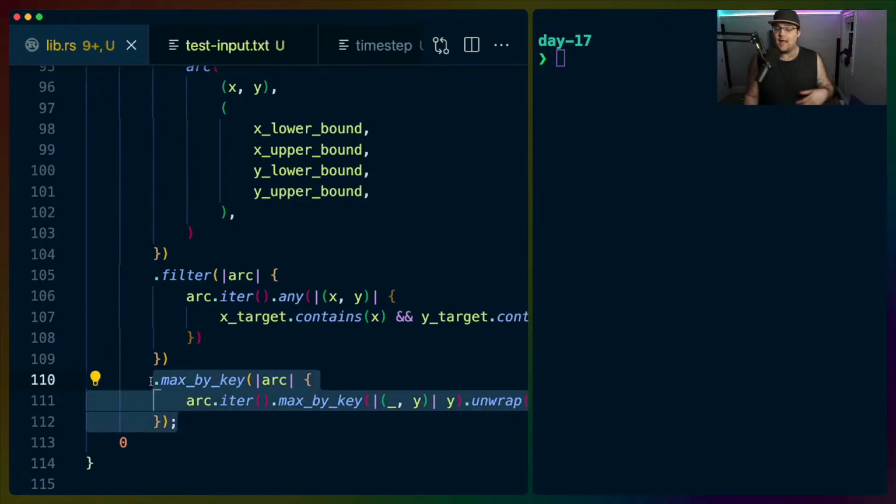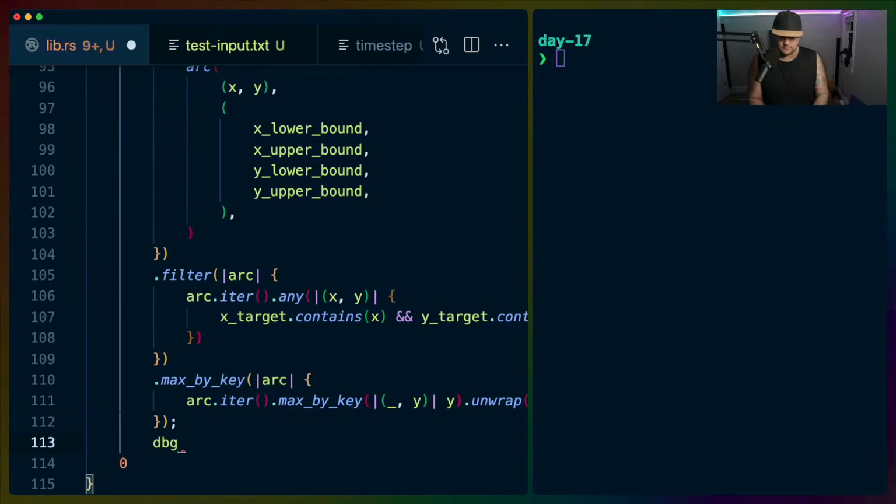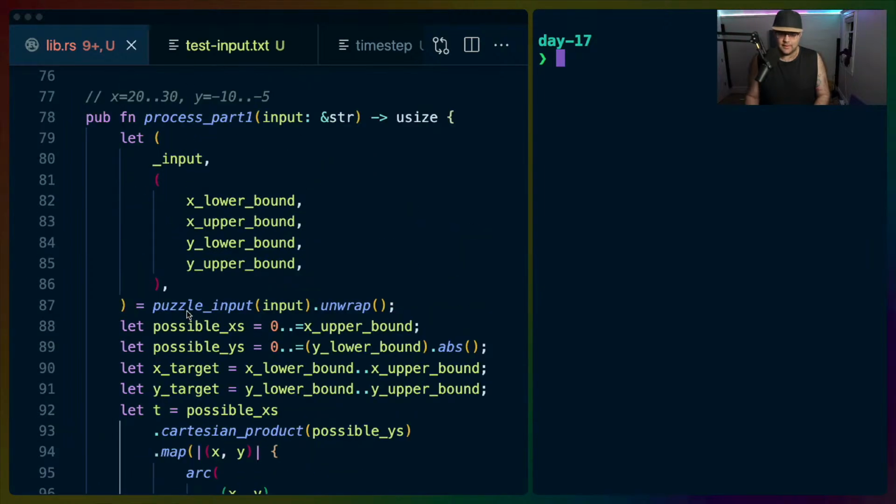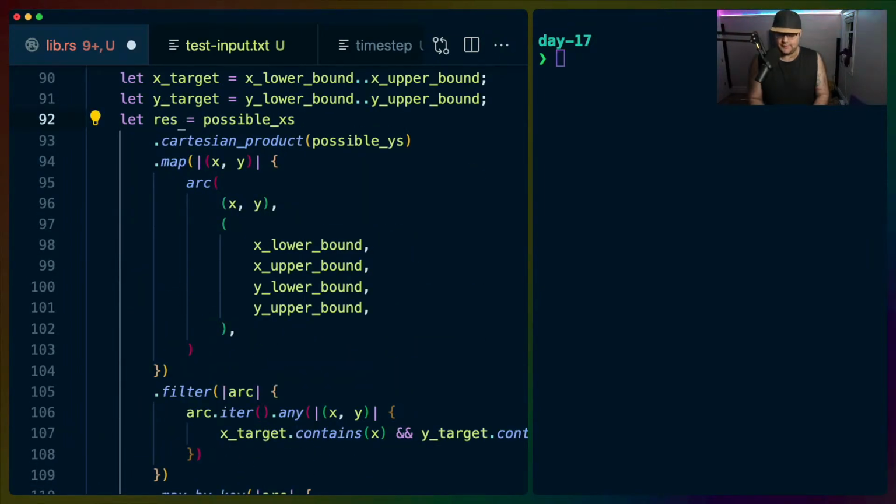And then we use the max position in every arc to determine which one has the highest arc. And then that's the one that we get back. That's not arc, that is result.